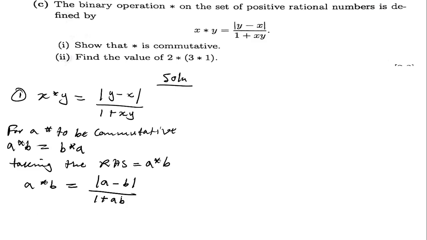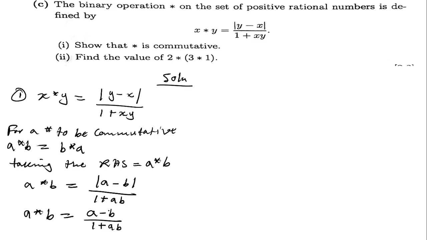So a star b is the same as the modulus of a minus b over 1 plus ab.